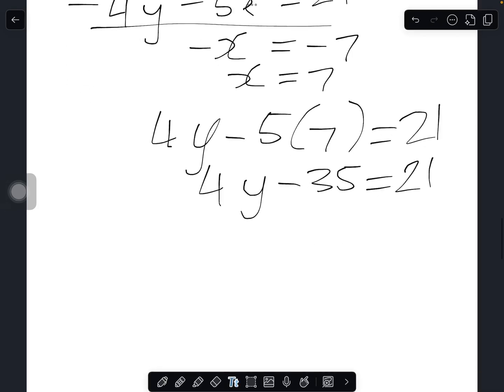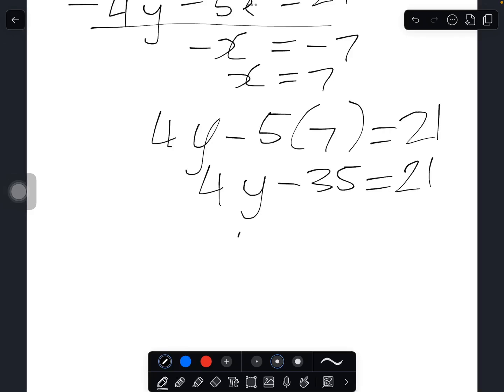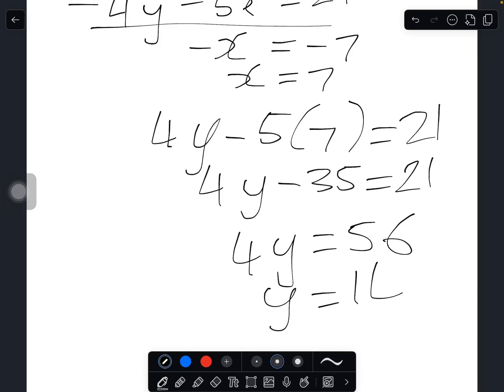And that will then leave me with 4y equals 56. Okay, and then if you put that into your calculator, you'll see that y equals 14. Perfect. Time to move on to the next sum.